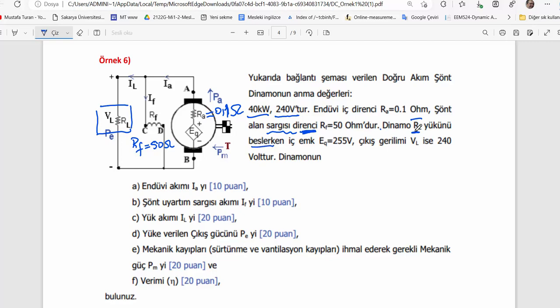While the dynamo is supplying such a load, it induces such an EMF inside the armature. When the generator delivers some power, an electromotive force is given for this condition.